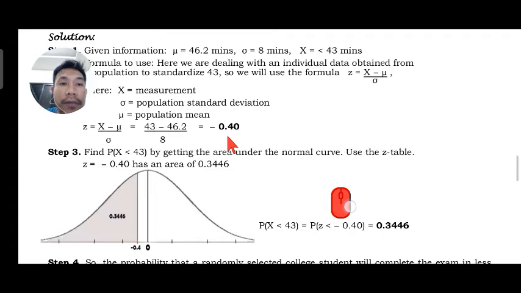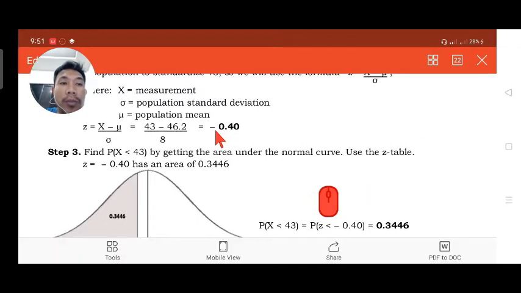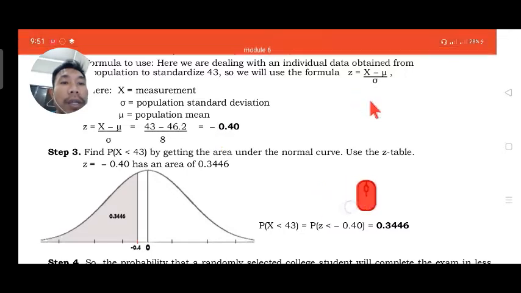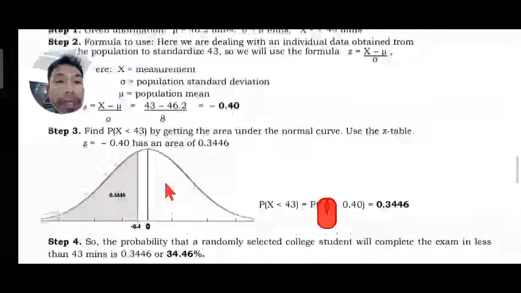So if this is our z-score, make sure that you have a z-table or probability distribution table upang makuha niyo ang area under this z-score, negative 0.40. So this is our illustration here.